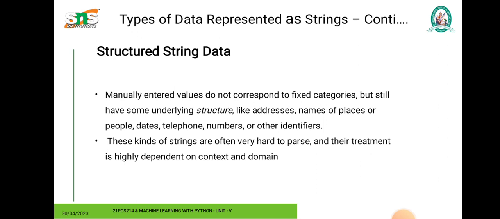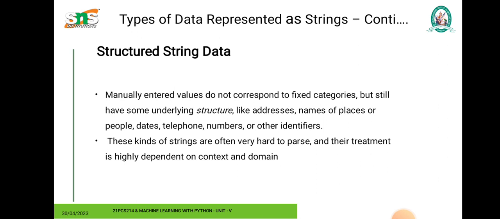For example, for an address we have to add both text and numbers. For a name we can use only characters. For a date we have to select only date values. For a telephone number we have to use only numbers, likewise. These kinds of things are often very hard to parse, and their treatment is highly dependent on context and domain.